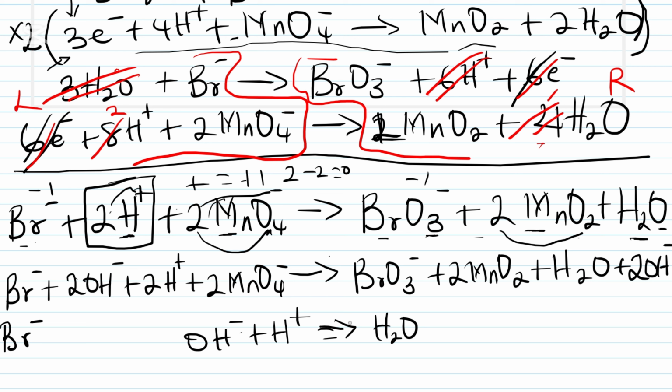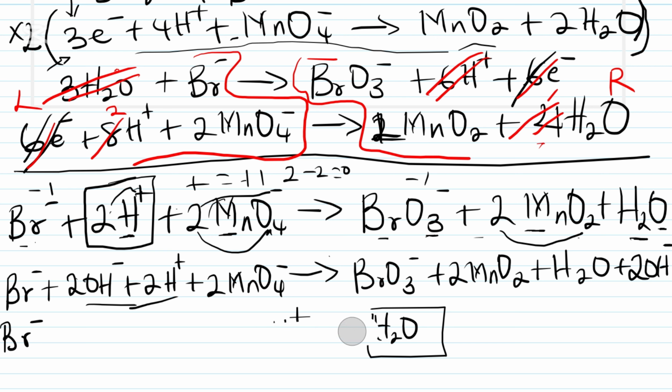So we replace the OH minus and the H plus with 2H2O, because when they react, they form water as the byproduct. That is how the H plus will be eliminated from the reaction. Now let's do that. I'm going to clean this up so that we can continue with our solution.